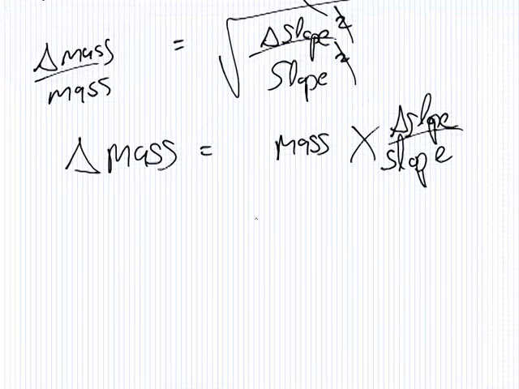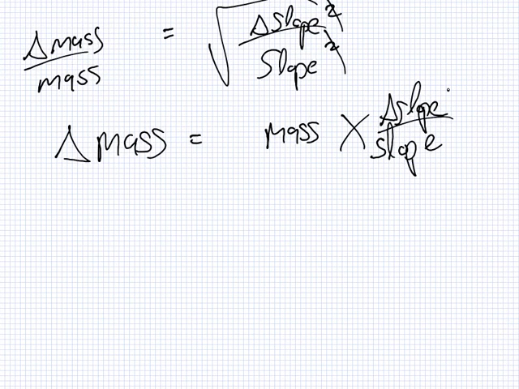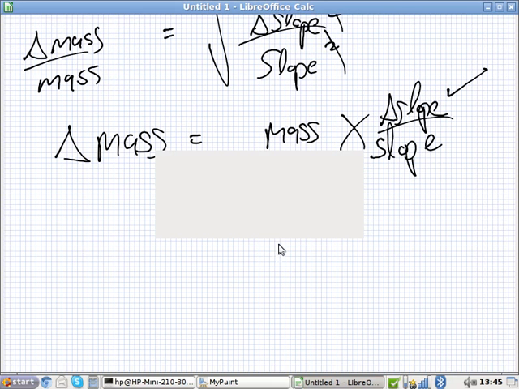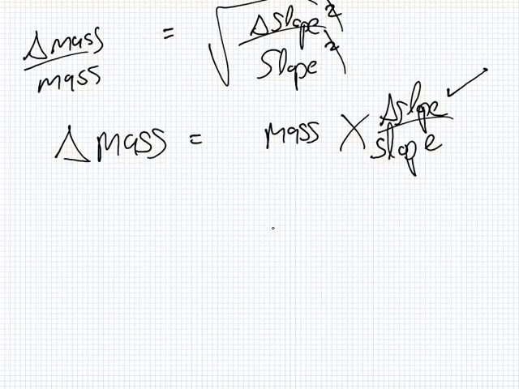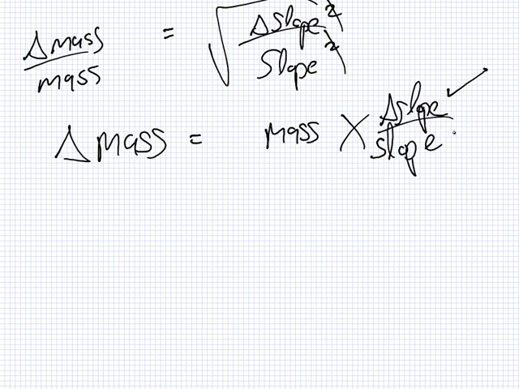Okay. So, do we know the uncertainty in the slope? Yes, that's what we literally just finished calculating. If I go back here, what was the last number you just made? 0.56. Okay, that's the uncertainty in the slope. So, we know that. Do we know the slope? Yes.